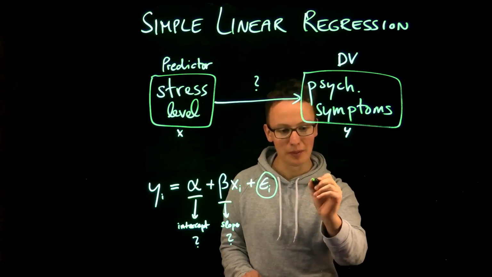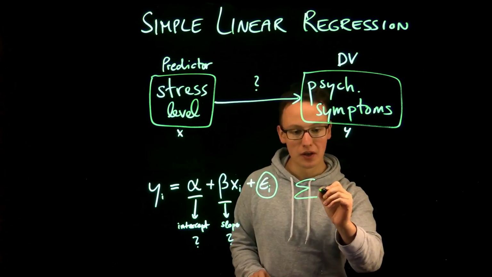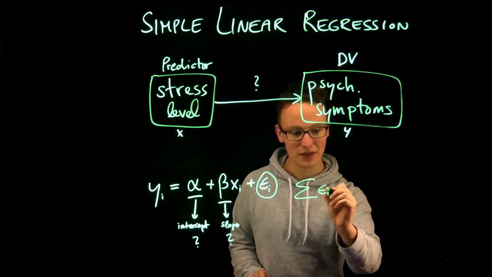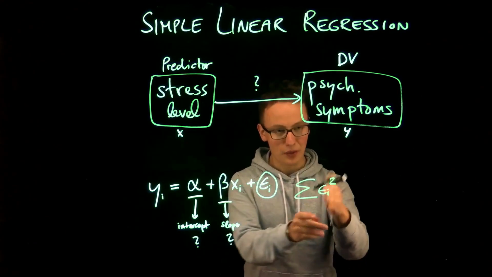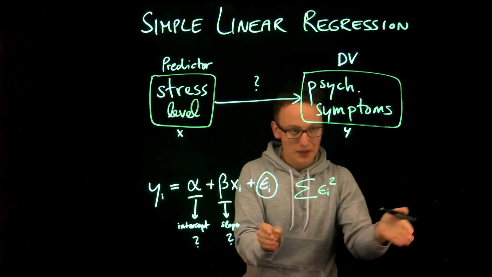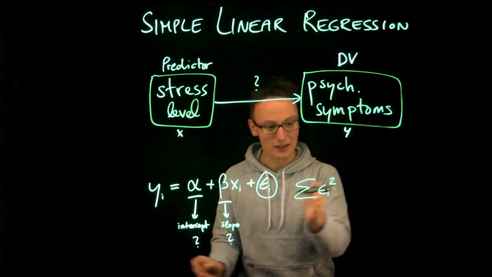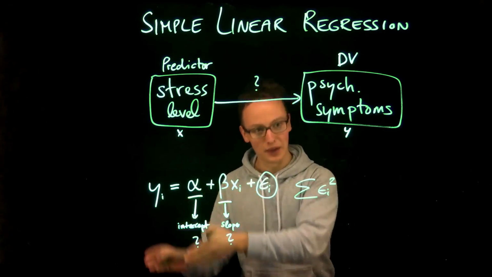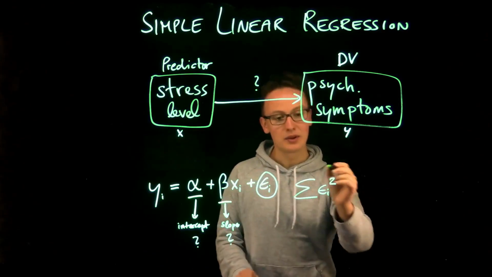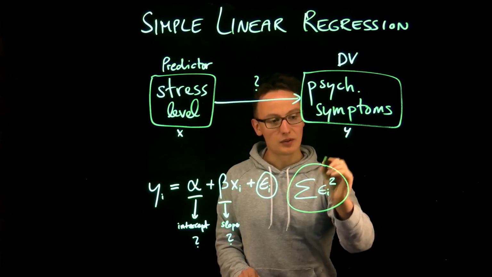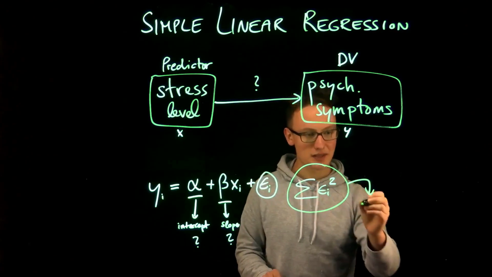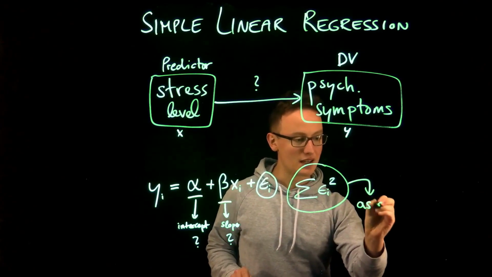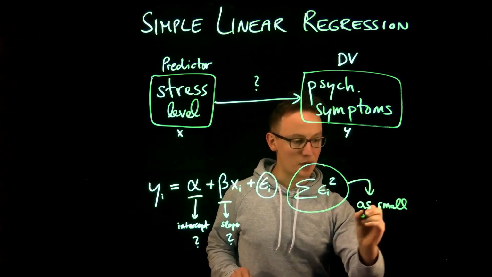More specifically, we minimize the sum of squared residuals. We take the square of the residual for each participant, participant 1, then participant 2, then participant 3, and sum all of this, and we want to find the alpha and beta such that the sum of squared residuals is as small as possible.